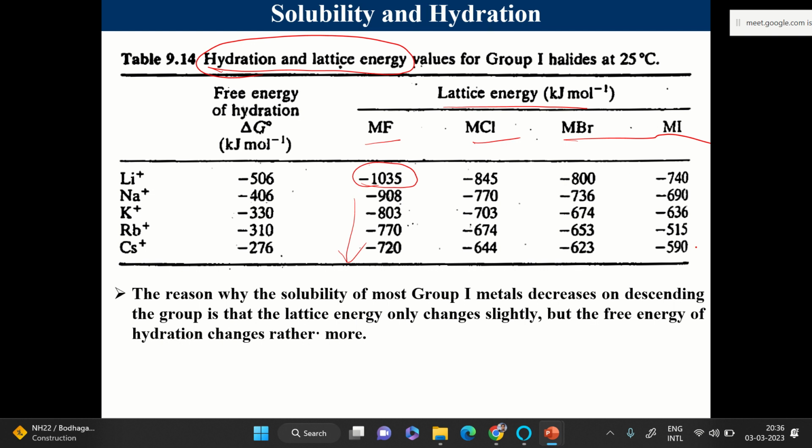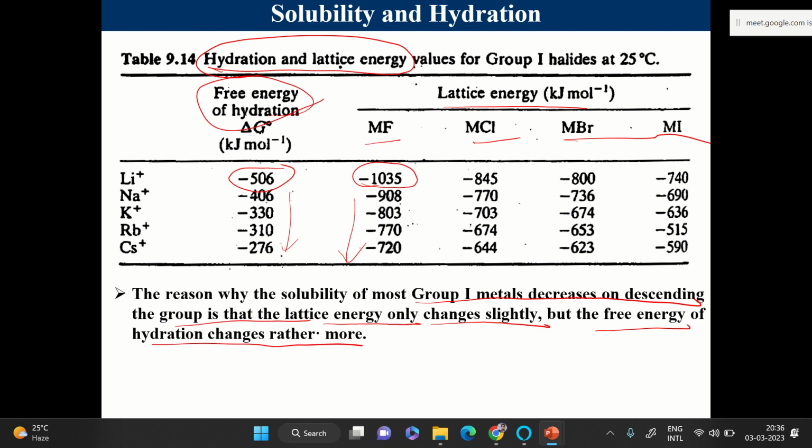Chloride, same trend. Free energy of hydration, delta G star, is maximum for lithium, and then decreases down the group. So the reason why the solubility of most group 1 metal salts decreases on descending the group is that the lattice energy only changes slightly, but the free energy of hydration changes more.